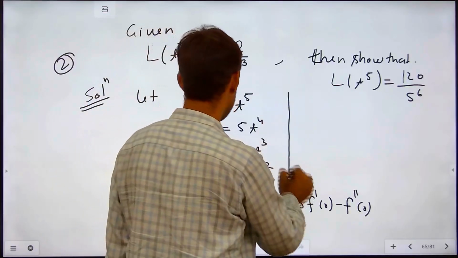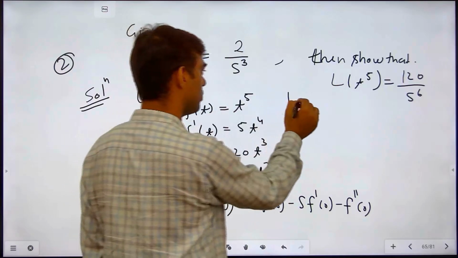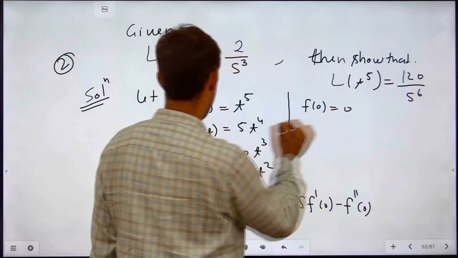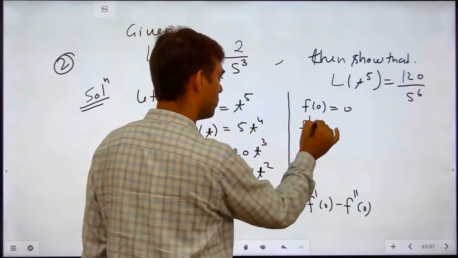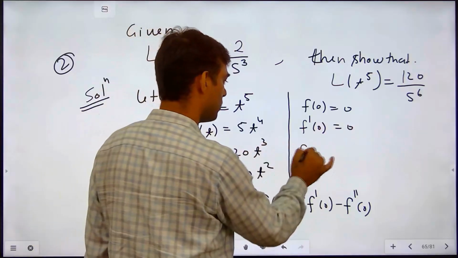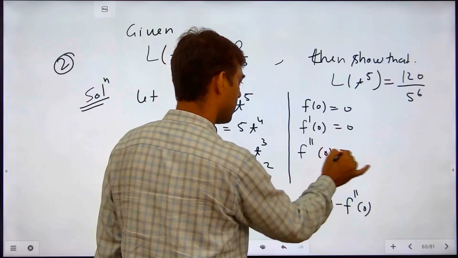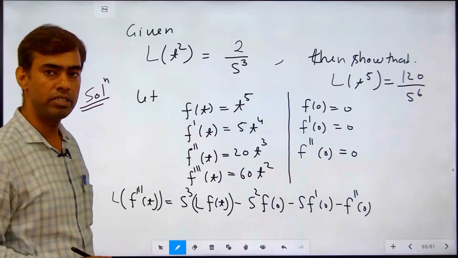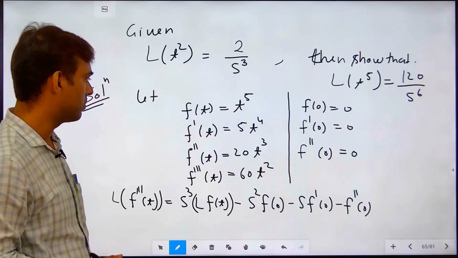If we put t equal to 0, we find f of 0 equals 0, f dash 0 equals 0, and f double dash 0 is again 0.